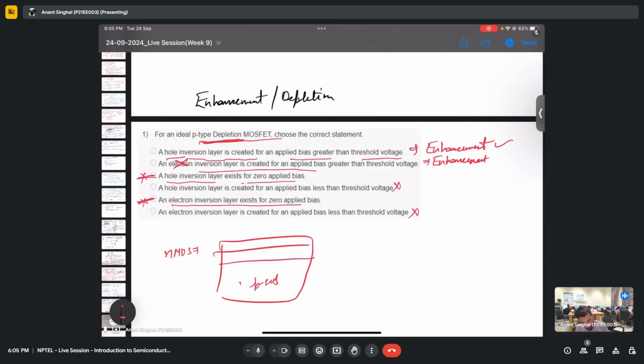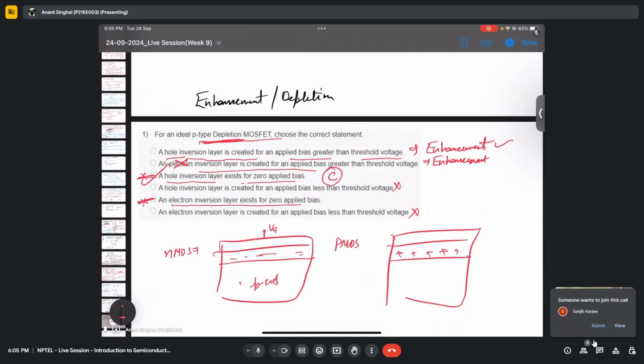Yes, applied voltage is fine, but is it electron or is it holes? Electron. And in this question, what we have is PMOS. So it means hole. Okay, so the inversion layer will be of hole. So the correct answer to this will be option C. Make sense? Yes, sir. Okay, that's good.